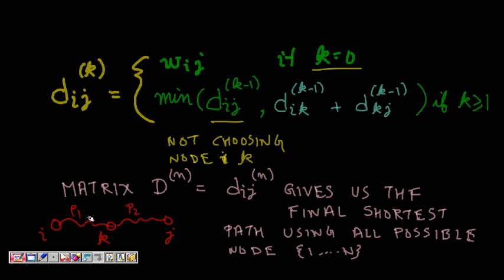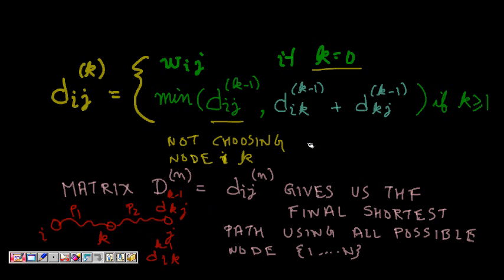So p1 is Dik using k minus 1 nodes, and p2 is Dkj using k minus 1 nodes. And these two, in the shortest path using the kth node, will form the shortest path using the optimal subproblems property.